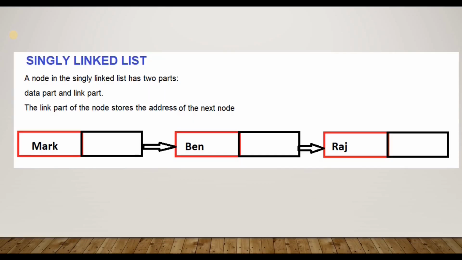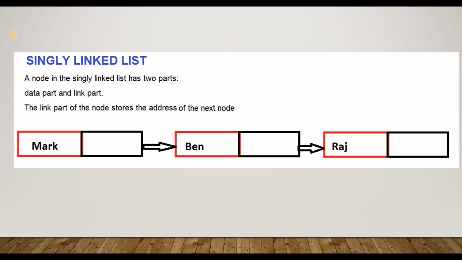So the first one is singly linked list. In this singly linked list we have different nodes, and in this example I have three nodes which have the data of Mark, Ben and Raj. The first node has two parts. One is for storing the data, the other is for storing the address of the next data.